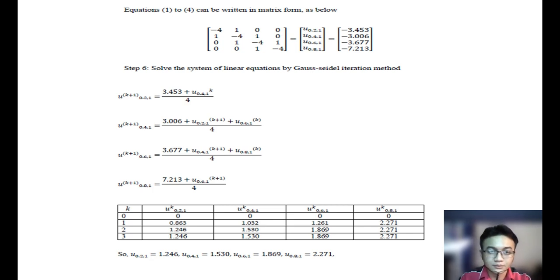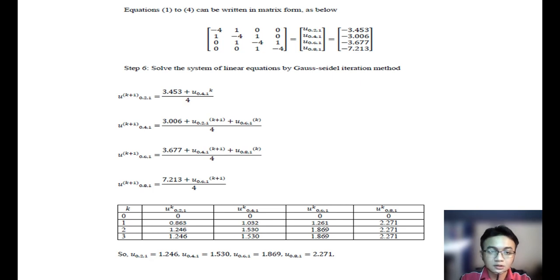We can form the equations as shown below, and then we calculated it on the calculator to get the values of each grid. It can be seen that it is calculated until iteration 3.